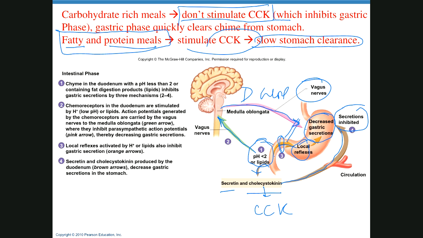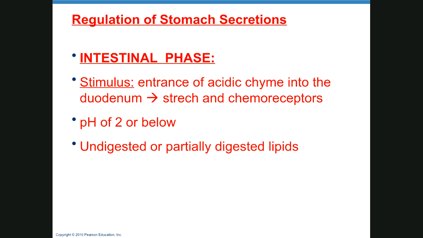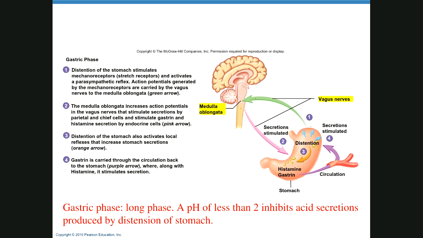Okay, so now this intestinal phase continues until that food that has arrived, that chyme, is completely digested. Once it's digested, it's moved along into the other parts of the small intestine for absorption, and now the duodenum is empty, and everything that was inhibiting the gastric phase is now stopped, so that the gastric phase can start over again.